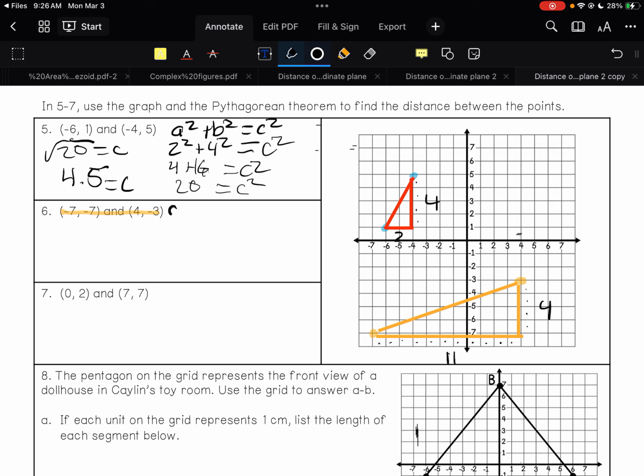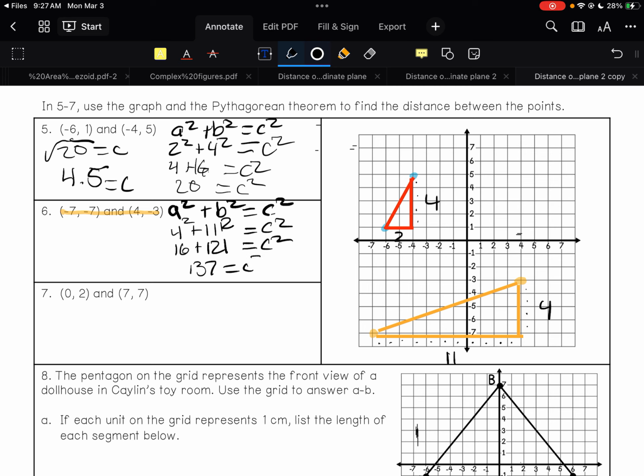So if I have a squared plus b squared equals c squared, I get 4 squared plus 11 squared is equal to c squared. I get 16 plus 121 is equal to c squared. 16 plus 121 is 137.